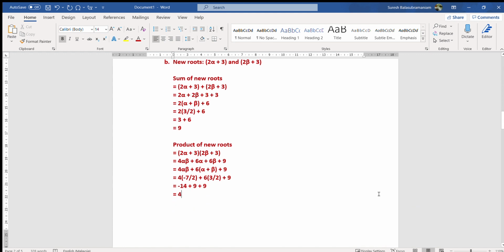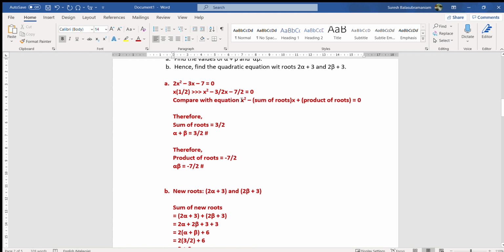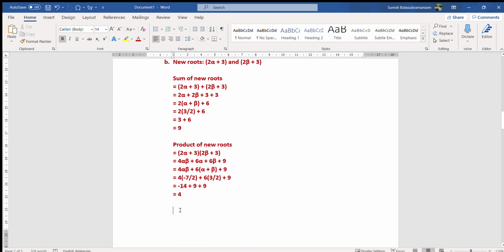I can construct my new quadratic equation from this. So the formula for the new quadratic equation, I'll just copy from here. Okay, so x squared minus sum of roots, 9x, plus product of roots, 4, equals 0.